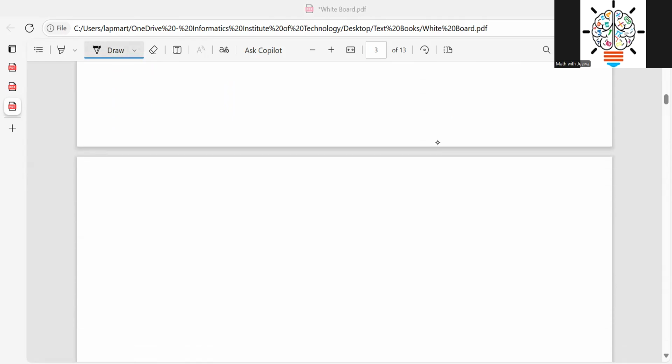Though I'm moving the screen so quickly, when you want to do that sum, you can pause the video and do it, right? No rush.